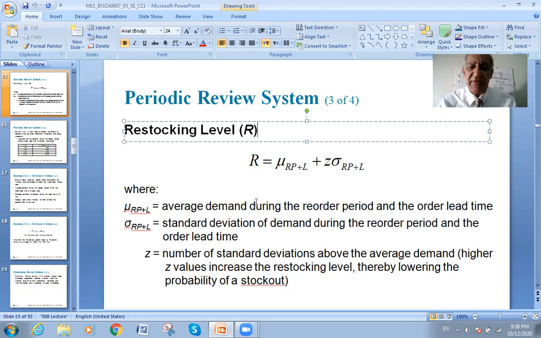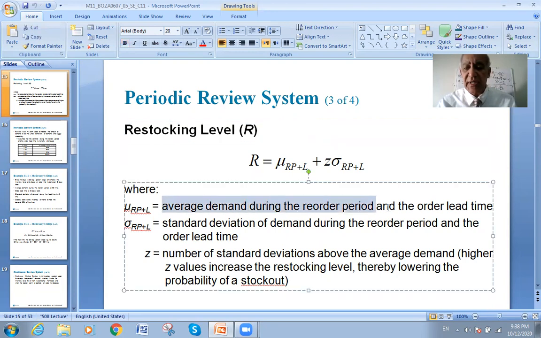This one means the average demand during the reorder period of time. That is the average demand, which we always take from the inventory or from the stock. Sigma is the standard deviation of the demand during the order period.